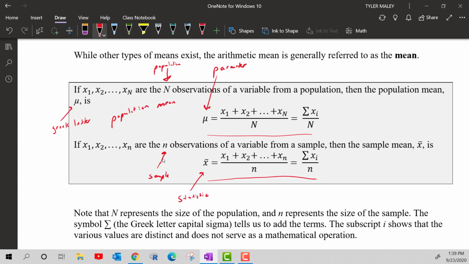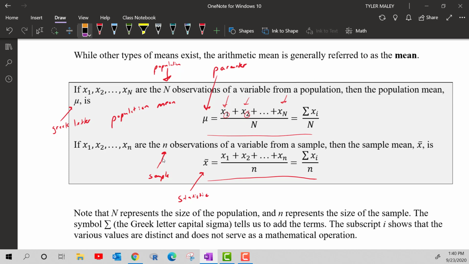So for mu, we're taking x1, x2, all the way up to x sub capital N, adding them all together. And something to note is that these subscript numbers are not a mathematical operation. This isn't like x squared or something. So that subscript is referring to a data value.